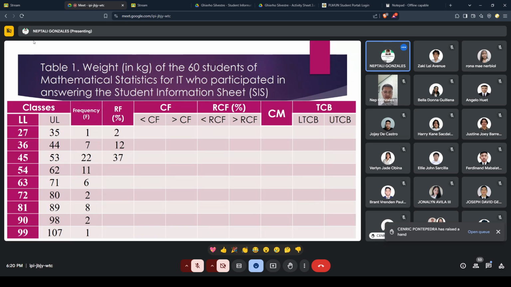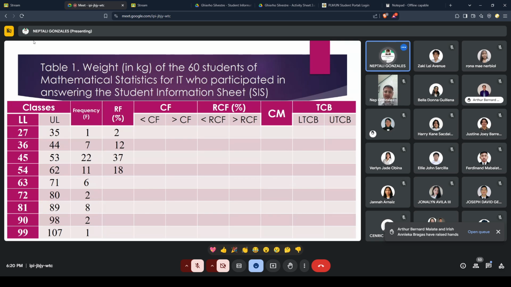Others? Senric? Others? None? Oh, Jana. 18 po. 18. Okay, very good. 18 is the next relative frequency.